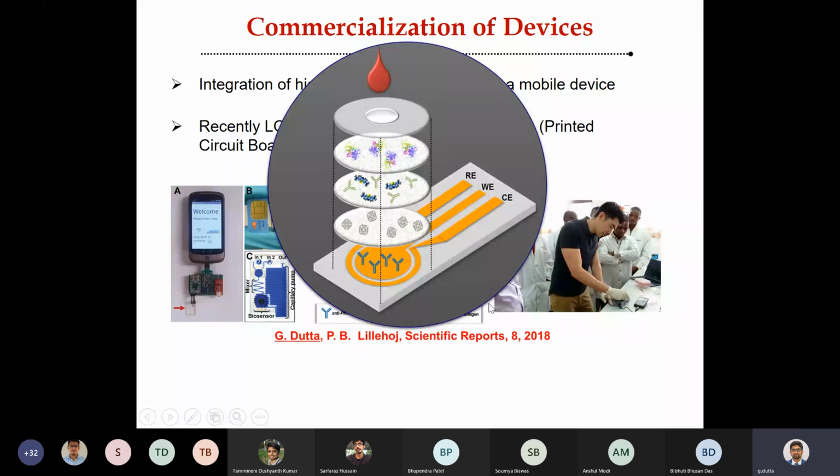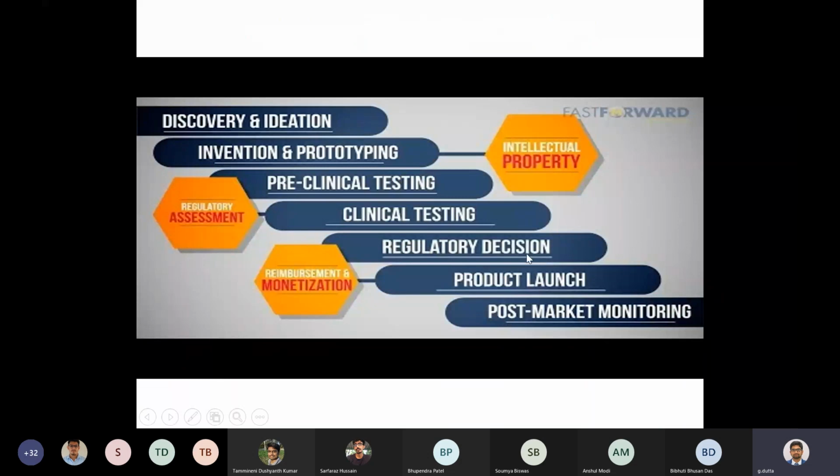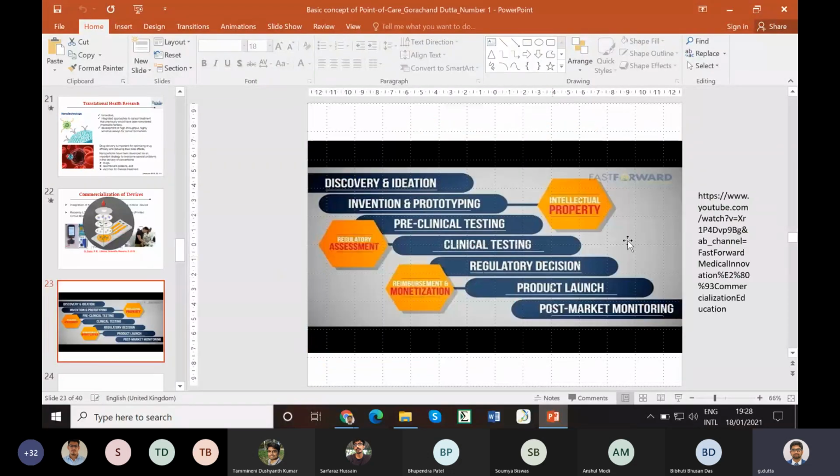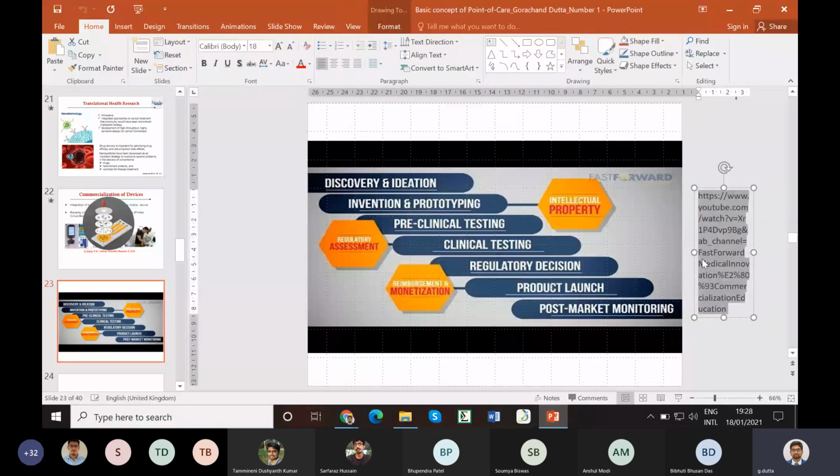And for commercialization of the device, we have to keep in mind some key points. How can we commercialize the device? In the next slides, I'm going to show you some key points. You develop some idea, right?